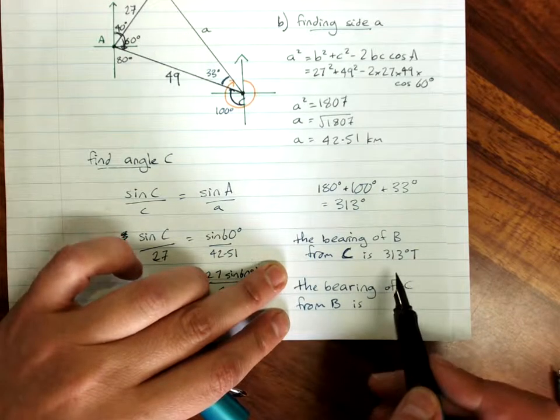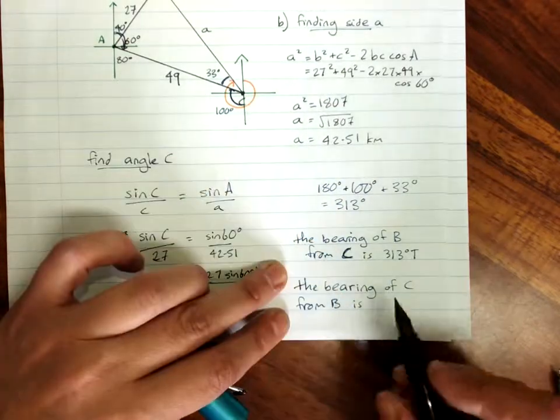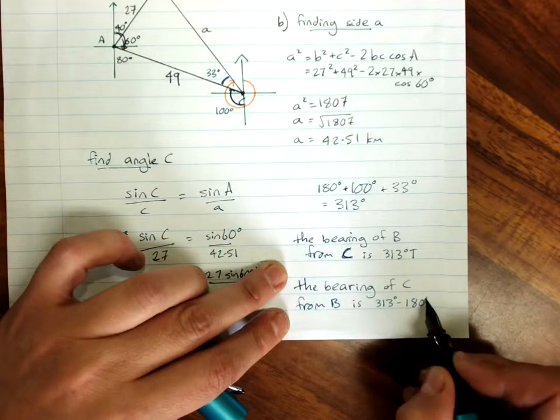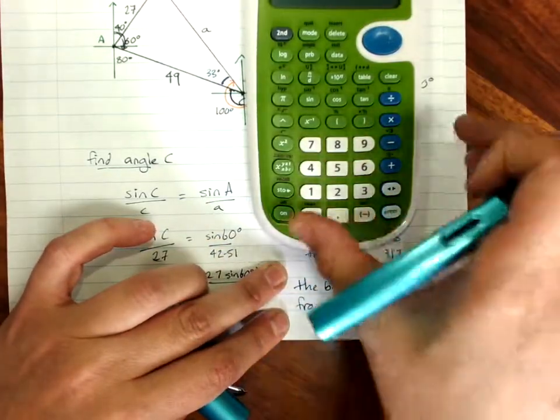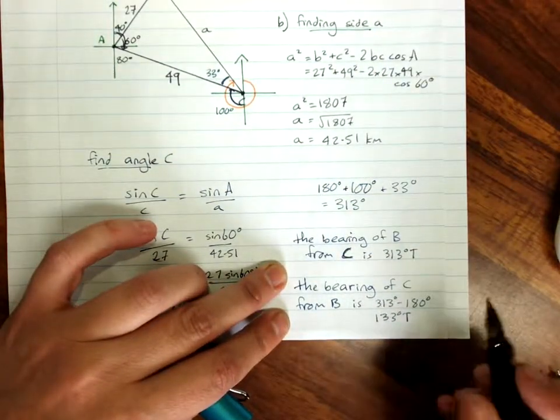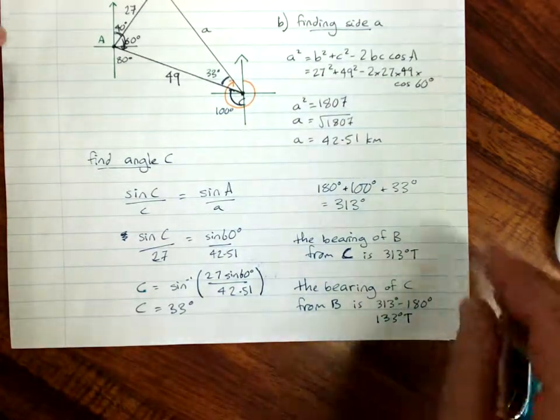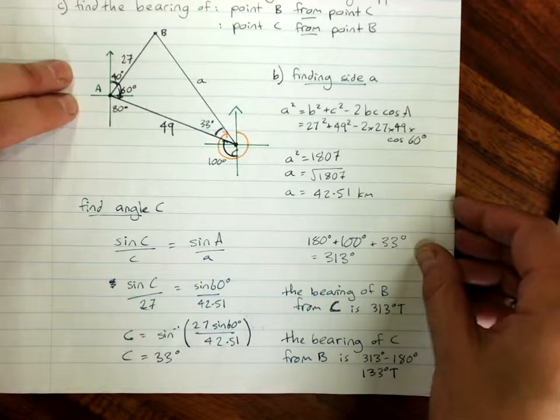If it's more than 180, subtract 180, because it reverses the direction. So 313 minus 180 is 133 degrees true.